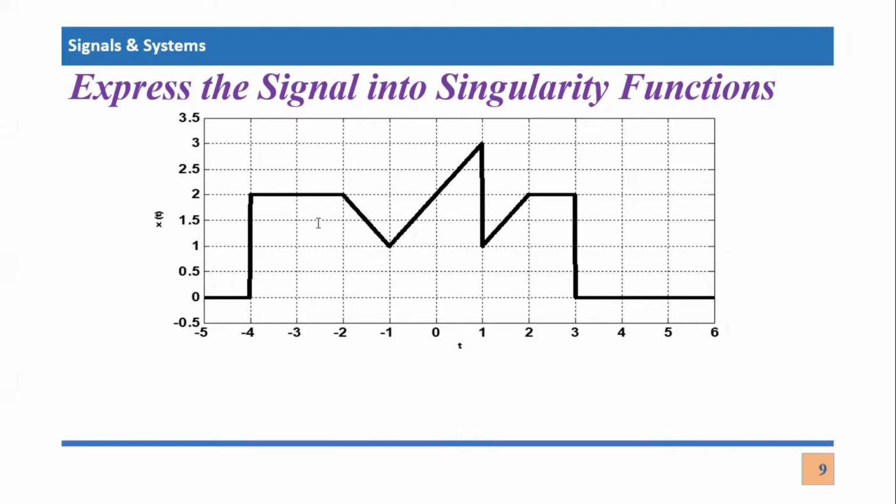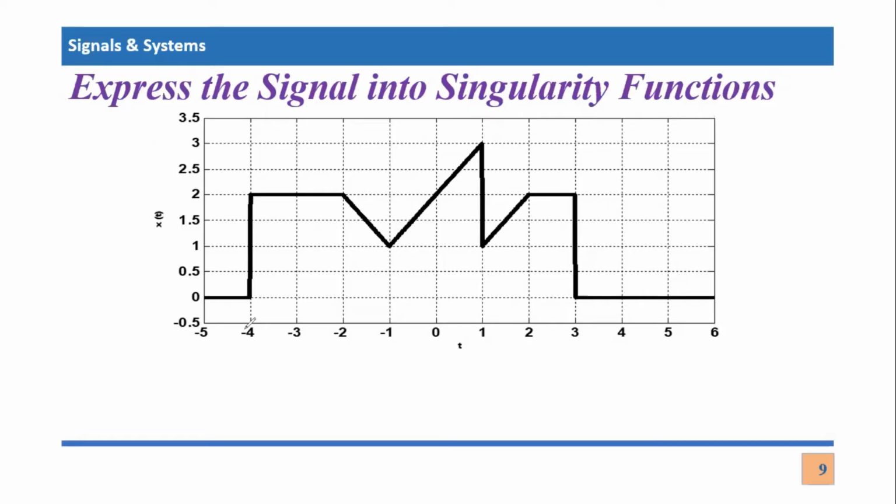So we are given with this signal. This is just a graphical form, and we are asked to express this signal in terms of either step, ramp, or impulse, right? Wherever it is possible. To start this expression of the signal in terms of singularity functions, we need to start examining the signal from the left-hand side, or from minus infinity.